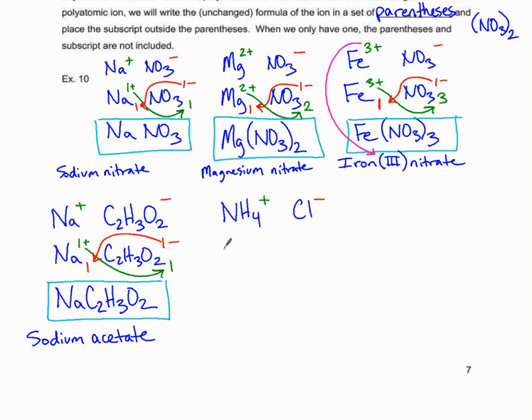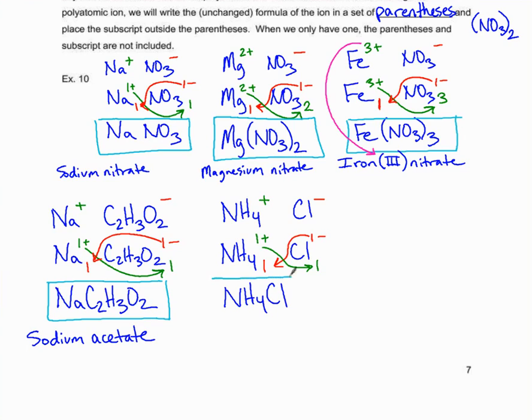So this is going to follow the same basic pattern. We have plus is really a 1 plus, the minus is really a 1 minus, and we're going to switch the charges. So we end up with 1 chloride and 1 of these NH4 polyatomic ions. Since both of these are going to have a subscript of 1, we can just leave them out. And so NH4 is unchanged, and then Cl.